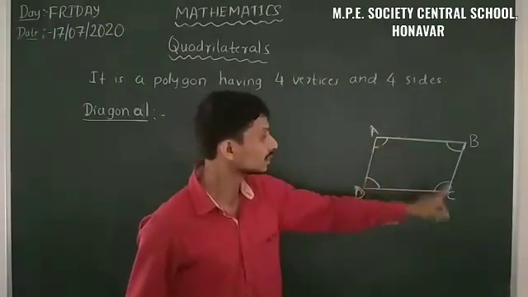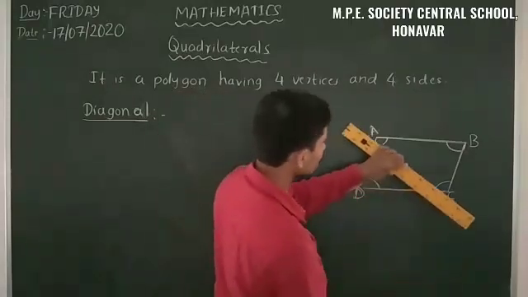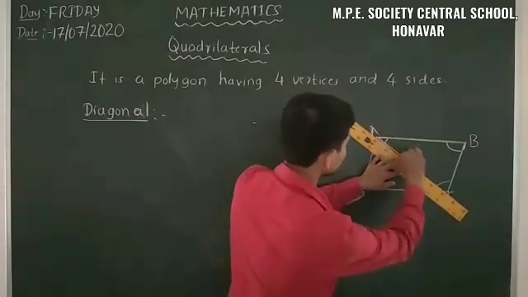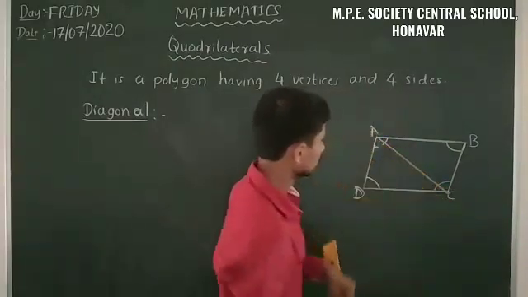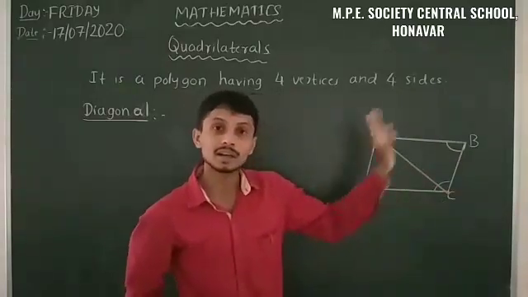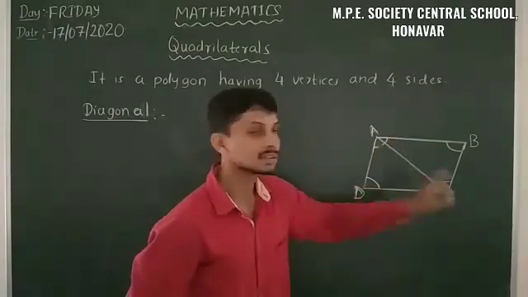So A and C are non-consecutive vertices. That means we have to draw a line segment connecting A and C here. Yes, so this is one of the diagonals. AC is one of the diagonals connecting two non-consecutive vertices A and C.